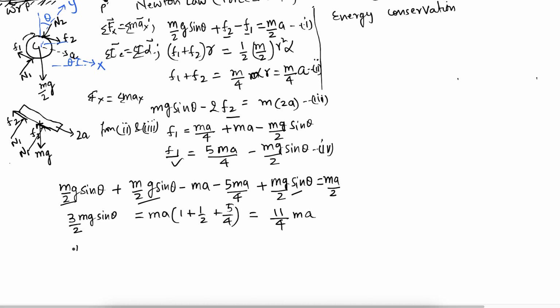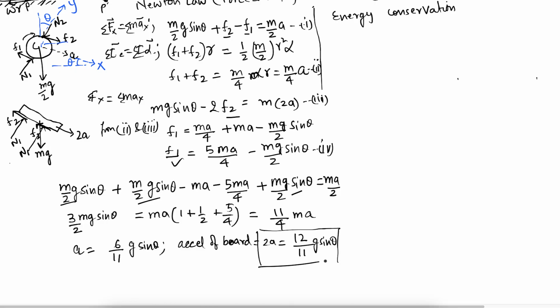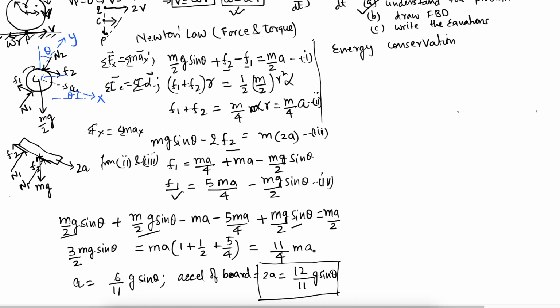Therefore, a is equal to 6 by 11 g sine theta, and that means that acceleration of board is 2a, equal to 12 by 11 g sine theta. And that is the answer. Okay, it's not that difficult.